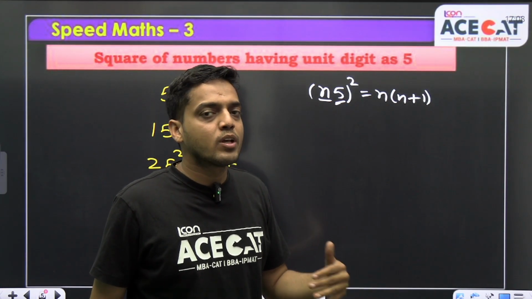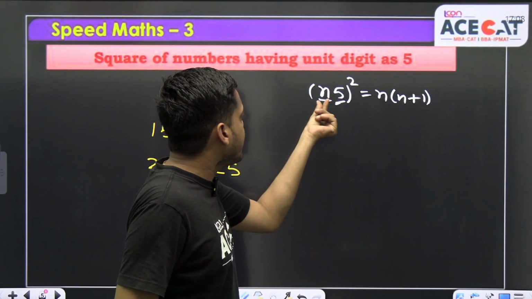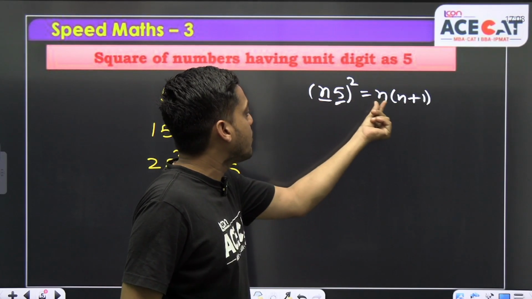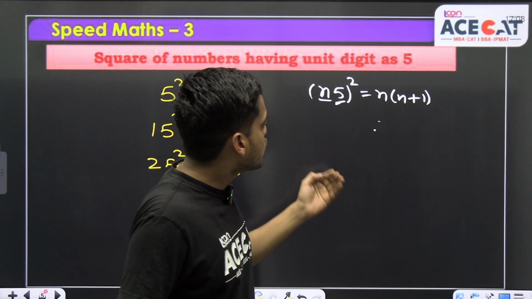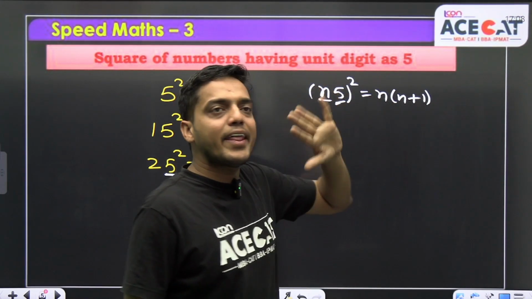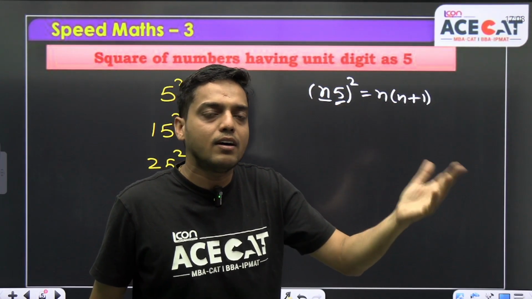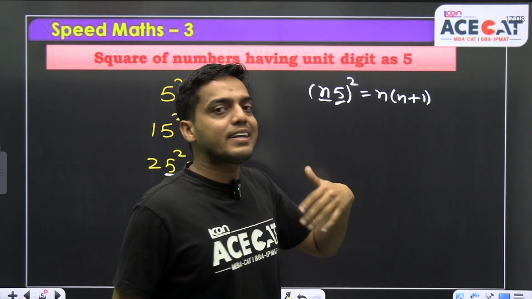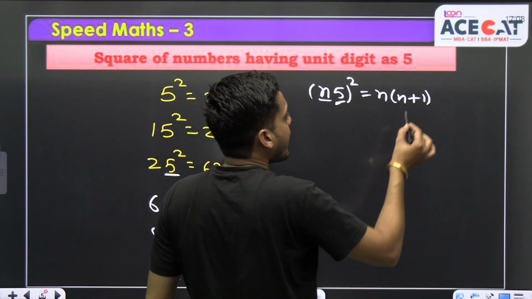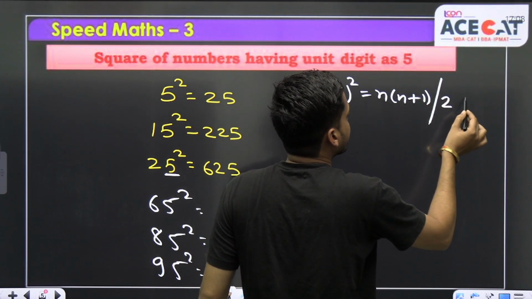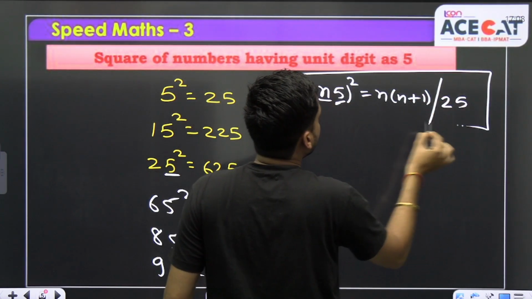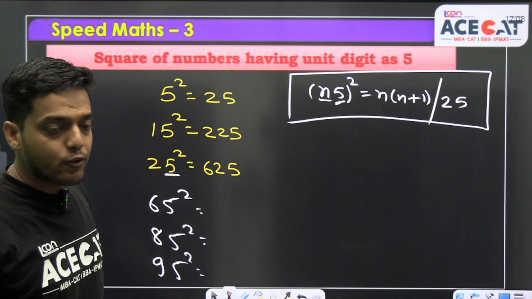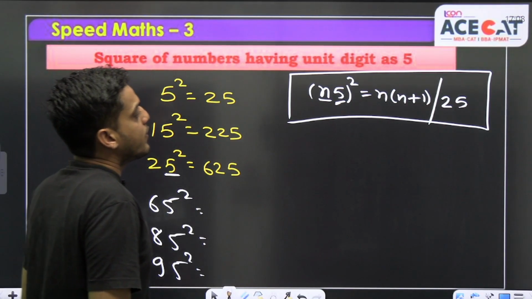If you have 8 here, multiply 8 with 8 plus 1, that means 8 nines. If you have 9 here, 9 tens. That's it. And in the end you need to add only 25. It will always give you a correct answer, and why it gives a correct answer, I will let you know the basics behind this now.